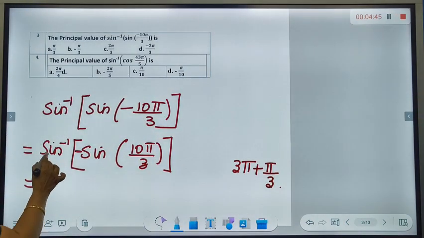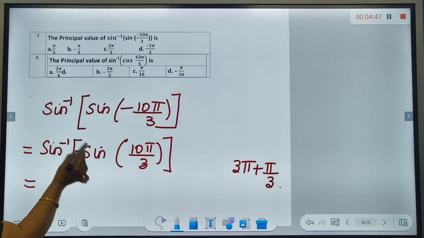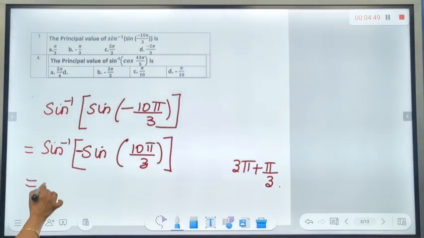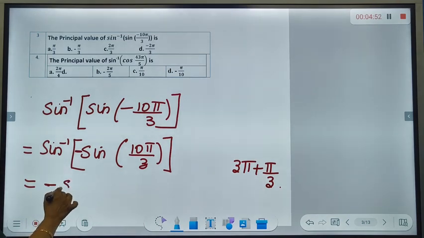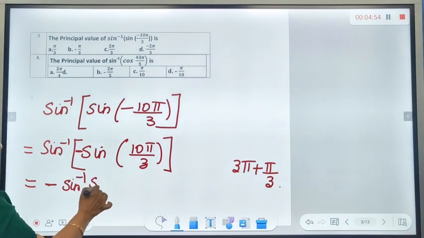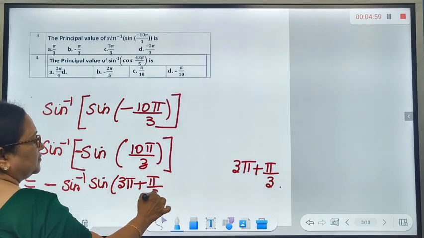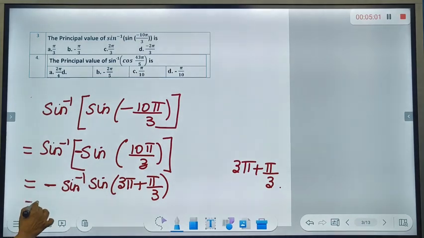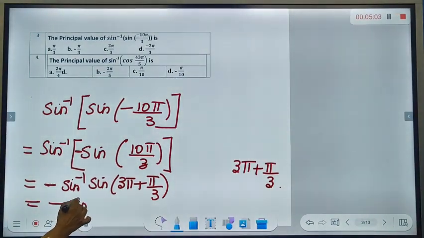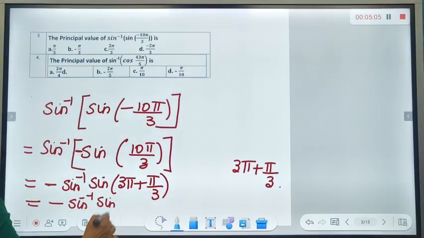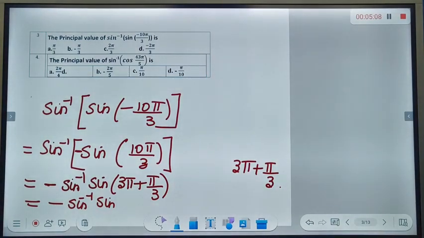Sine inverse of minus sine theta is minus, I can take this minus outside. So I will get minus sine inverse of sine of 3 pi plus pi by 3. Which is further minus sine inverse of sine of, what is 3 pi plus pi by 3? 2 pi completes one full circle. So when you are completing 3 pi, then you complete one full circle and one other half circle.